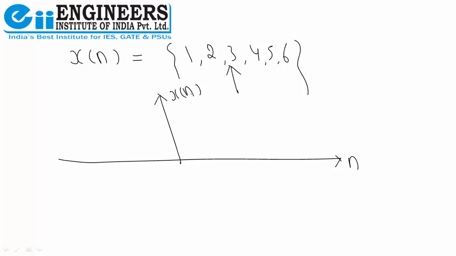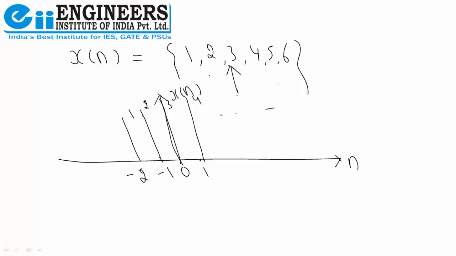So x[n] is equal to 1 at which value of n? n is equal to 0 here. So minus 1, minus 2. So n is equal to minus 2 it is 1. n is equal to minus 1 it is 2. n is equal to 0 it is 3. n is equal to 1 it is 4, and 5 and 6.